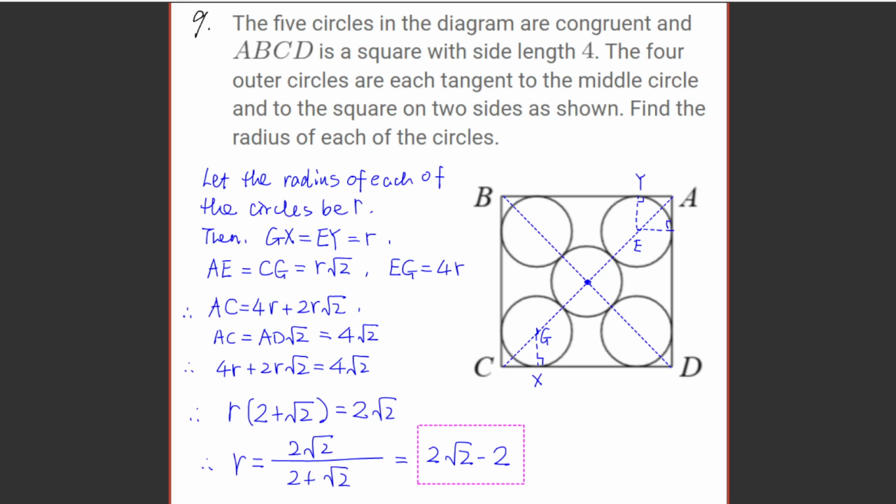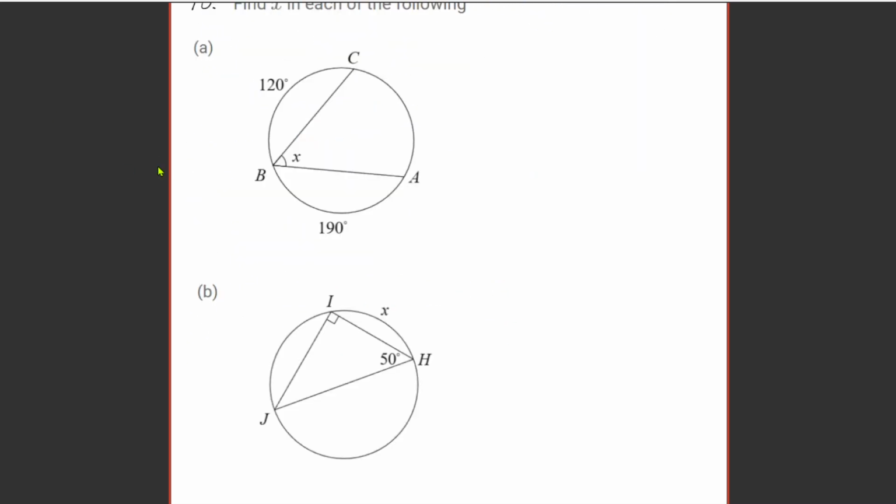That's the final result for the radius of each of the circles here. Did you get it? Alright, if you don't have any questions, let's consider the next one.